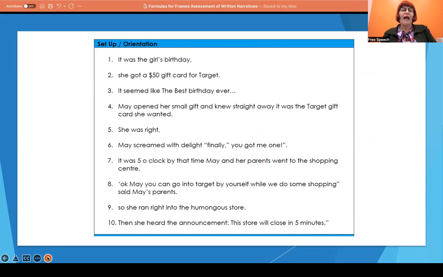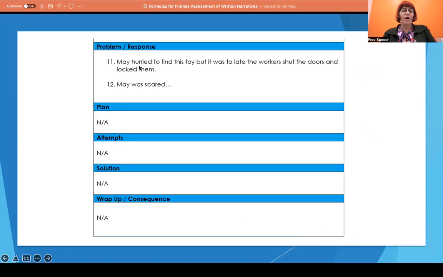She had a lot of information in here because right here, she finishes at the problem and then there's nothing left afterwards. There's no more solution, there's no attempts, there's nothing after this.